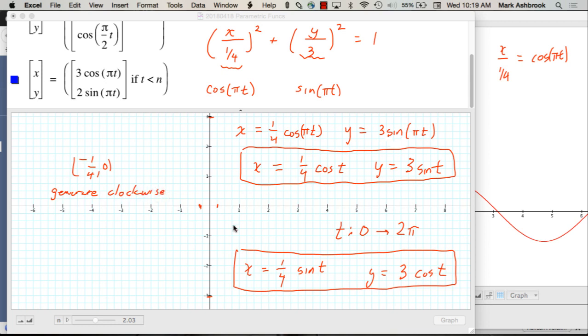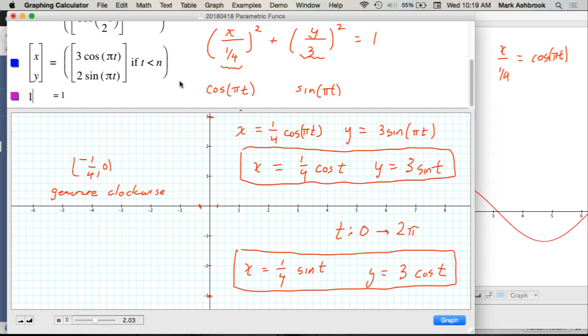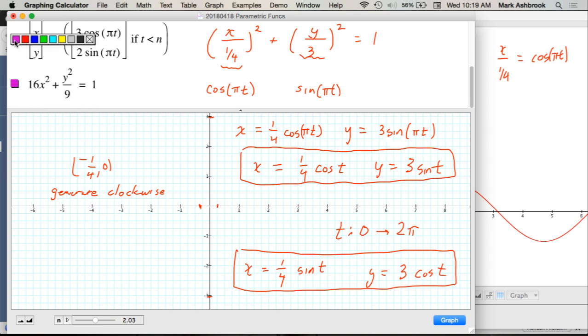I want to get the same ellipse, so let's plot the ellipse. What do we say? 16x squared plus y squared over 9. And red seems to be the theme here.